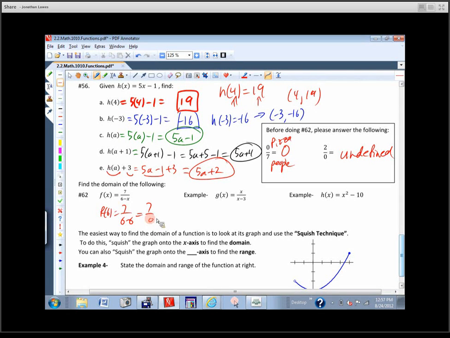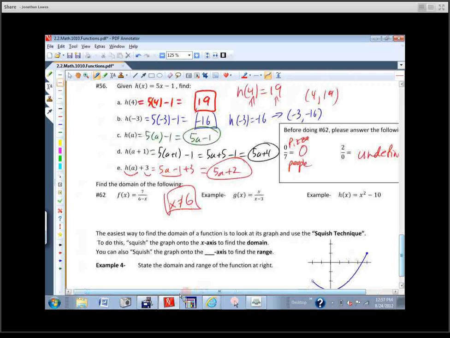So what that means is 6 isn't in the domain, so this is what we do. Take 6 minus x, set it equal to 0, because that's the only thing the denominator cannot be. Okay? That's the one number that we can't plug in, so all we do is we say that x can't equal 6. Okay? So what we could say here is, this book uses something called set builder notation.